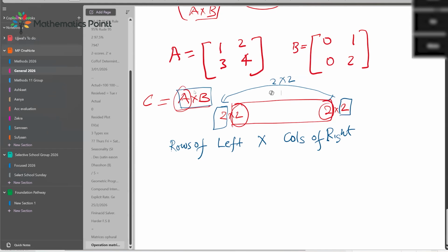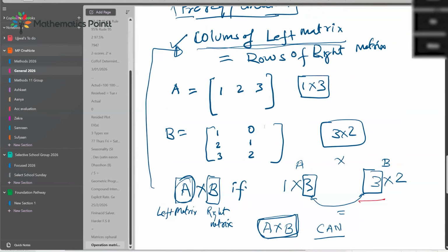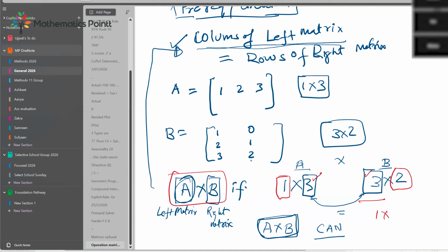And if I go back to the example that I gave you here, A cross B exists, yes, because the columns of the left is equal to the rows of the right. But what is the order of this resultant matrix? It will be 1 cross 2. 1 row and 2 columns.